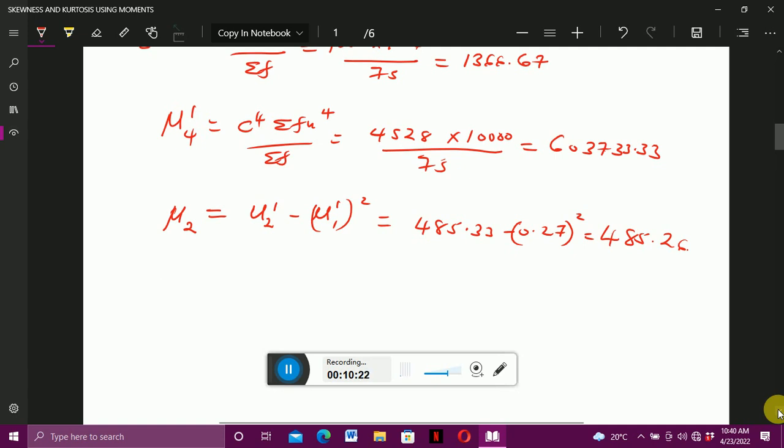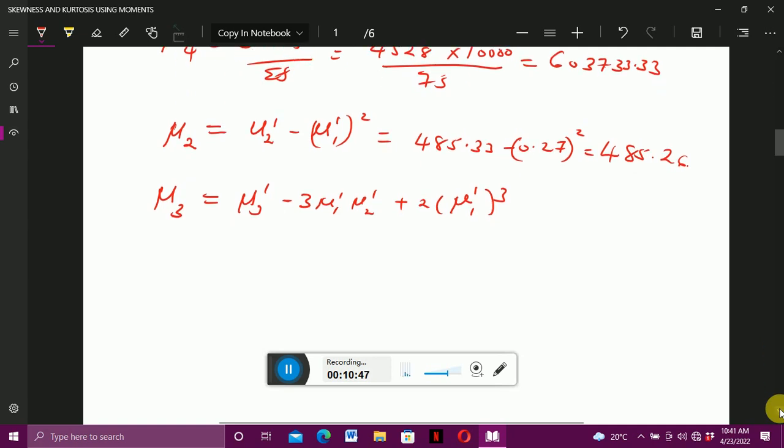We can also get mu3. Mu3 is mu3 prime minus 3 mu1 prime mu2 prime plus 2 mu1 prime cubed. See what we get.